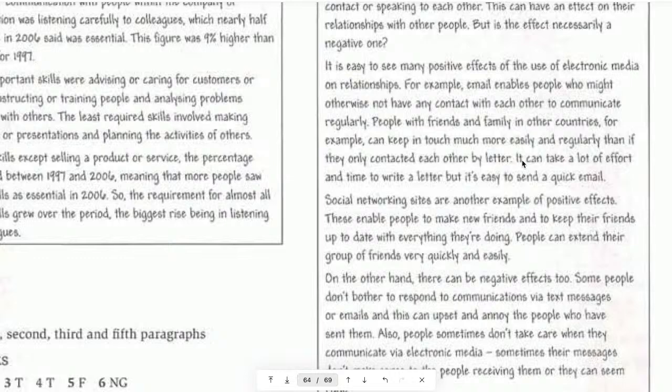Now, number three, it can take a lot of effort and time to write a letter, but it's easy to send a quick email. So they give three reasons. Based on the first sentence, they say it is easy to see many positive effects of the use of electronic media on relationships, and here they give three reasons or examples for that. You see, it's very clear, right?